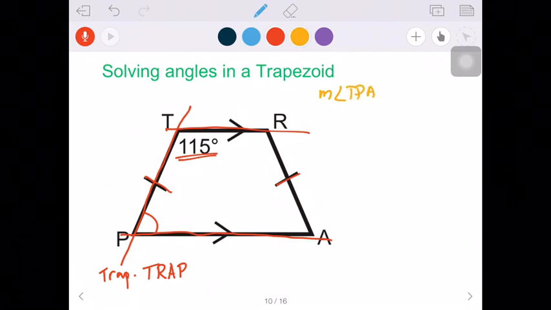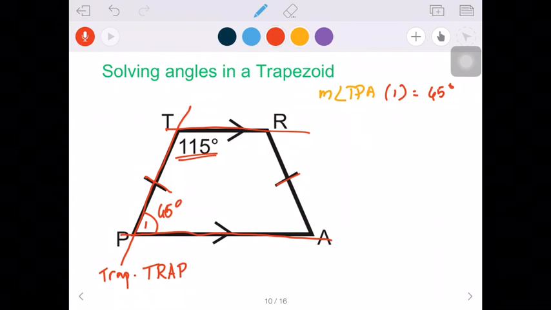So I'm referring to this angle. Let me name this angle 1, and it's equal to angle TPA. 115 and angle 1 are supposed to be supplementary. So what would be the measure of angle 1? That would be 180 minus 115, which is 65 degrees. So here, angle TPA is 65 degrees.